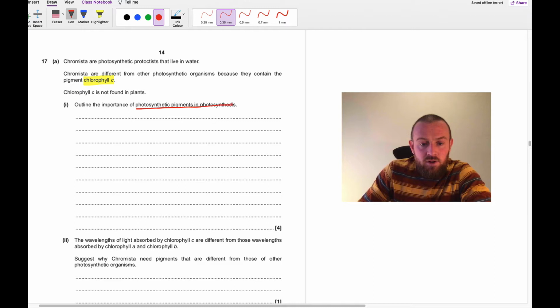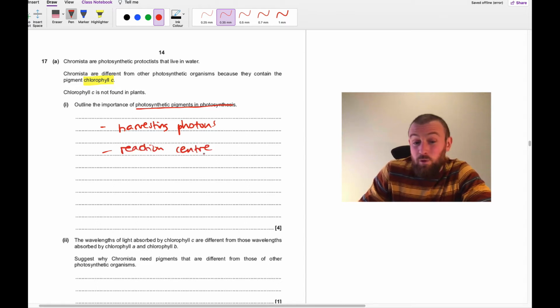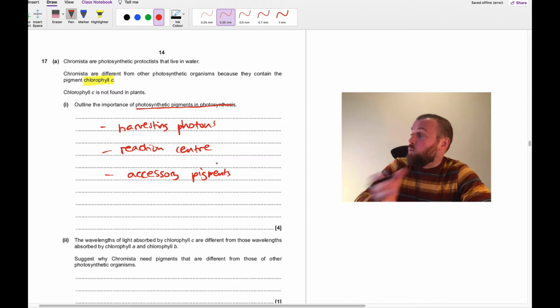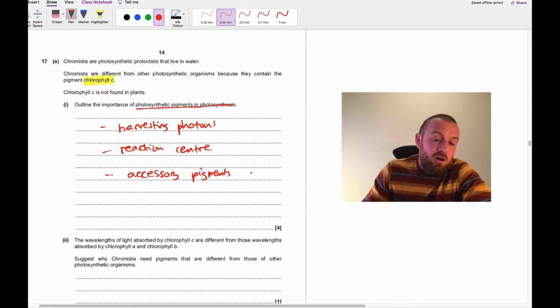So this is what we need to talk about here. Photosynthetic pigments in photosynthesis. We need to talk about harvesting photons. We need to talk about reaction center pigments, chlorophyll A. We need to talk about accessory pigments, catching photons of different ranges of wavelengths, allowing more energy to be harvested.